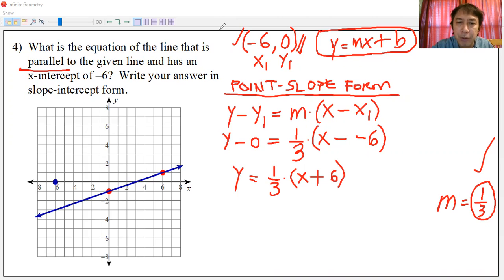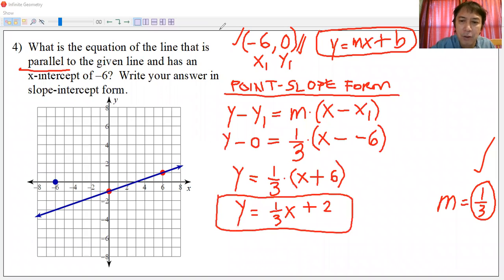So this will be y equals 1/3 x, and then 1/3 times 6, that's 2, because that's 6 times 1 over 3. So that will be 2.